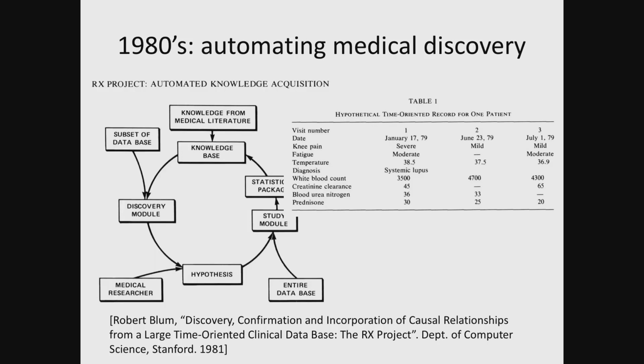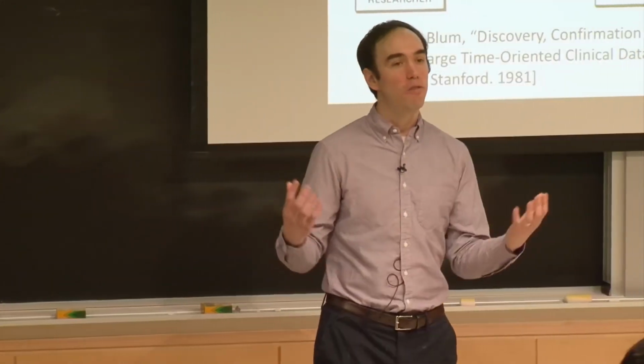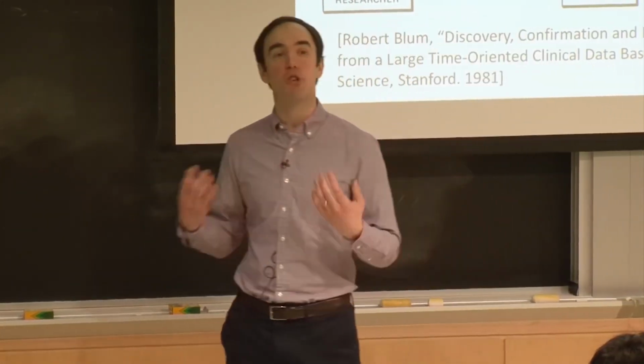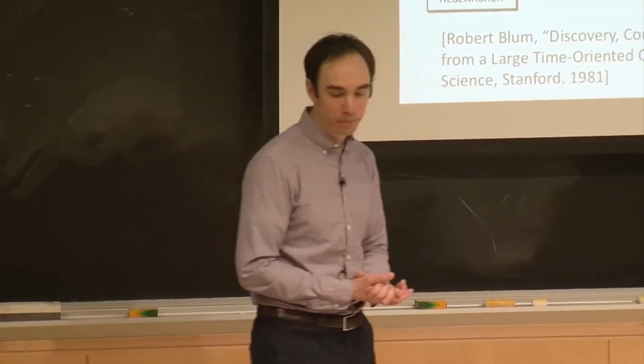For those that are accepted, it then uses that knowledge that was just learned to iterate to try to make new discoveries. And one of the main findings from this paper was that prednisone elevates cholesterol. And that was published in the Annals of Internal Medicine in 1986. So these are all very early examples of data-driven approaches to improve both medicine and healthcare.